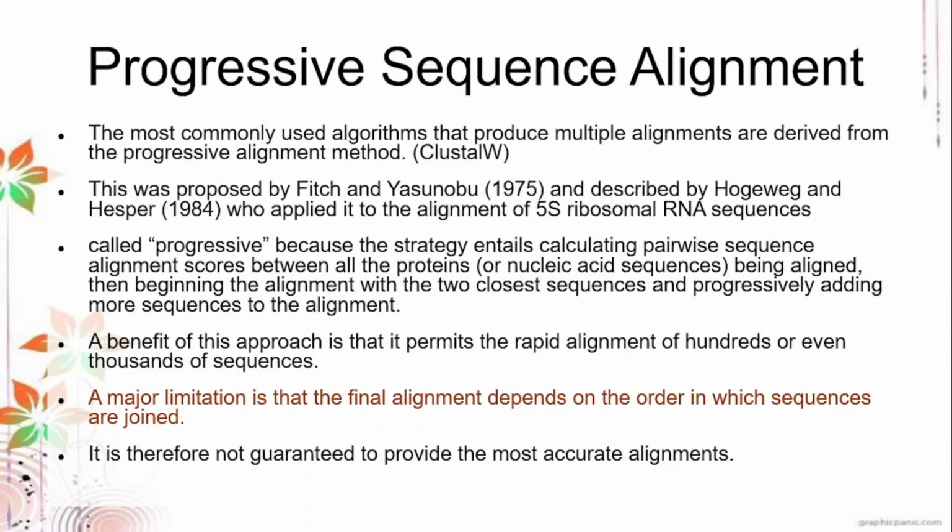If you remember, the 5S ribosomal RNA sequences are used to create, or actually deduce, the so-called tree of life. Although there are some controversies regarding the accuracy of the use of the 5S ribosomal RNA, it is basically the go-to sequence if you want to align all of the living organisms, because all living organisms contain ribosomes.